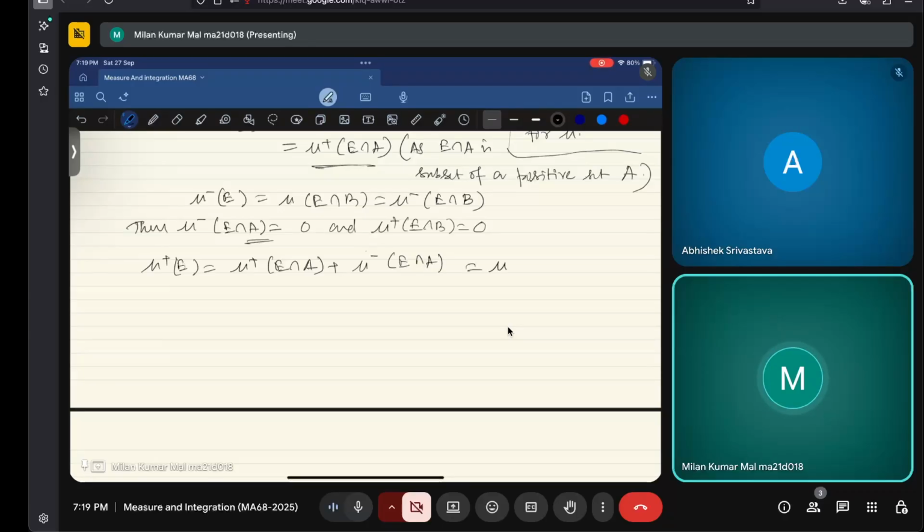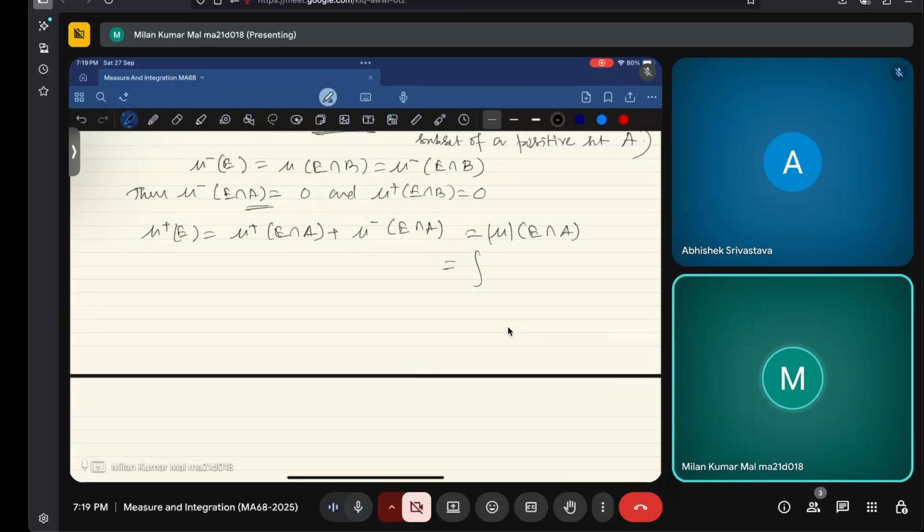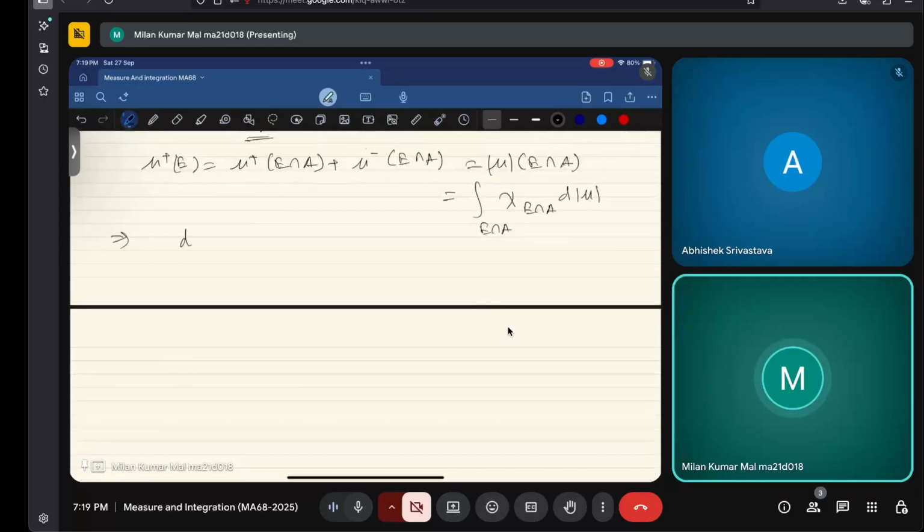So this can be written as mod mu of E intersection A, which is equal to the integral over E intersection A of the characteristic function with respect to d mod mu. That means d mu plus by d mod mu is equal to the characteristic function of A.